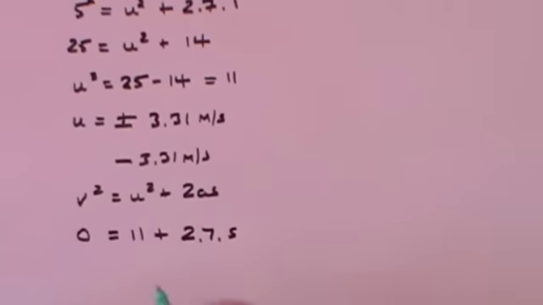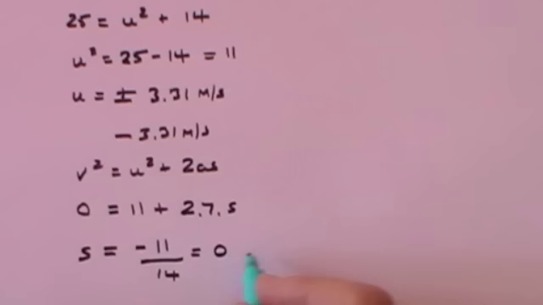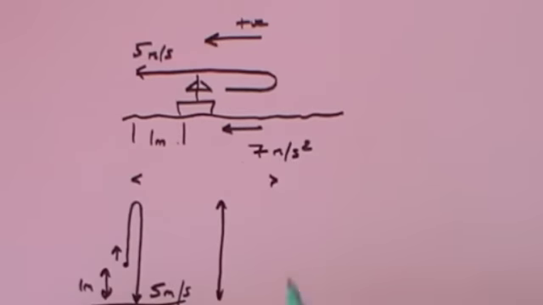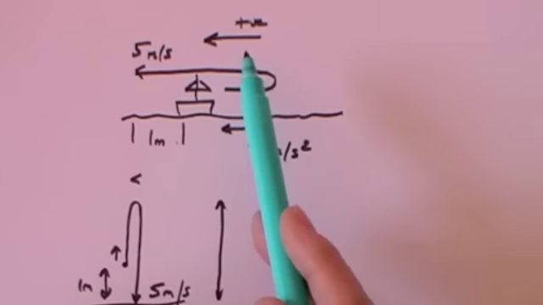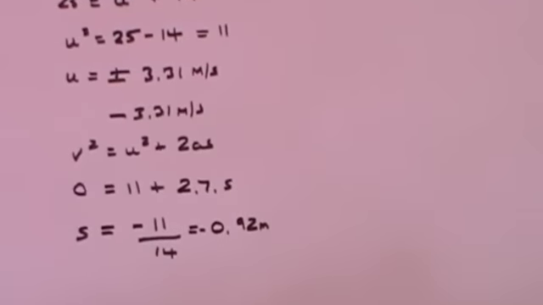And that will give us a distance, s is equal to, it's technically minus 11 over 14, which equals minus 0.92 metres. And the reason that it's a minus is because that is measuring the distance from here to here, and that's going in the negative direction. So the signs kind of tell you which way you're going.